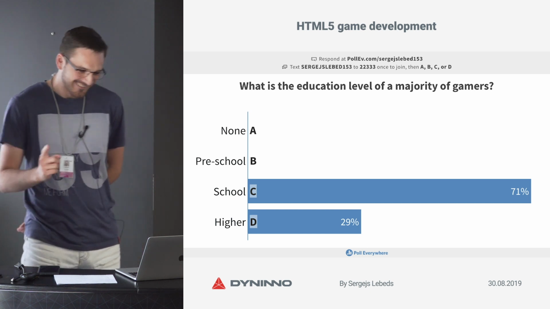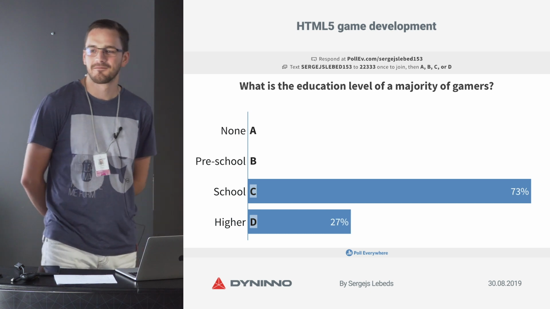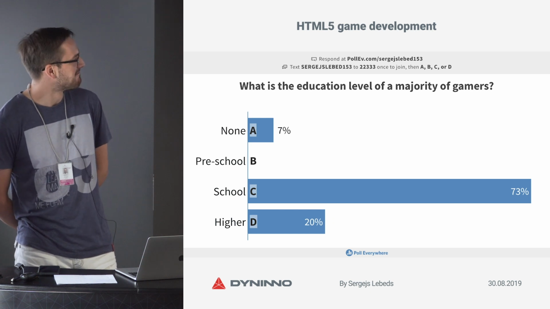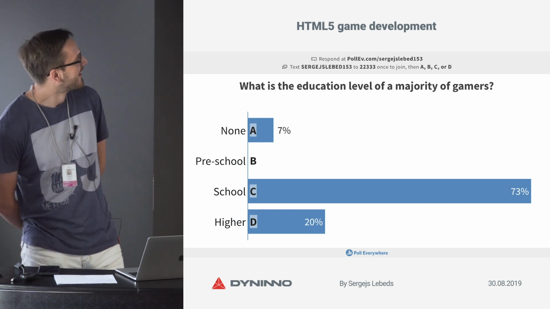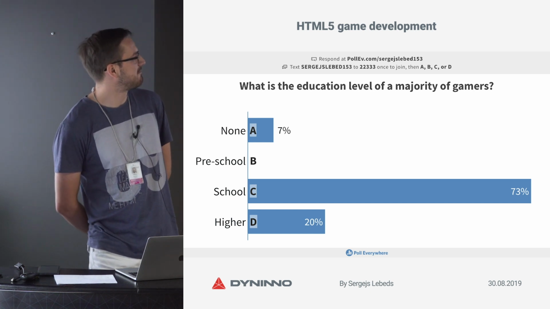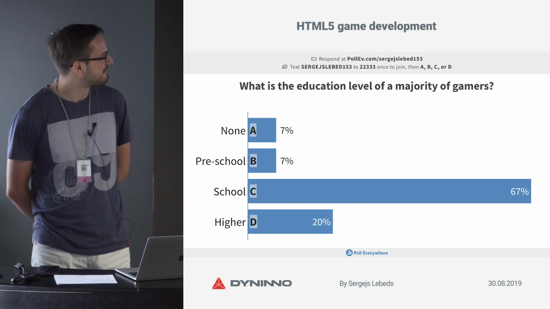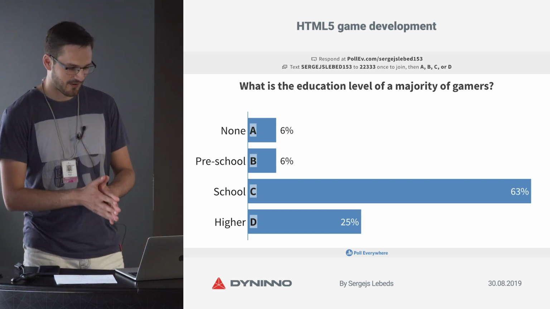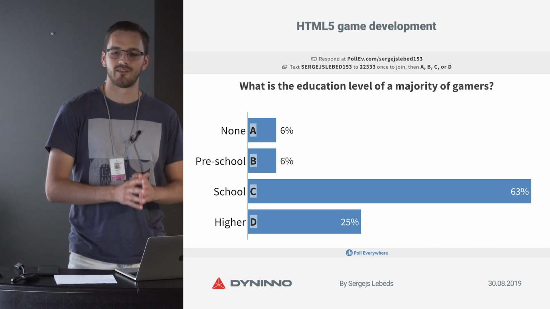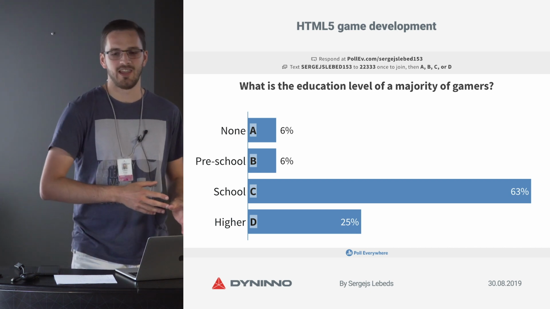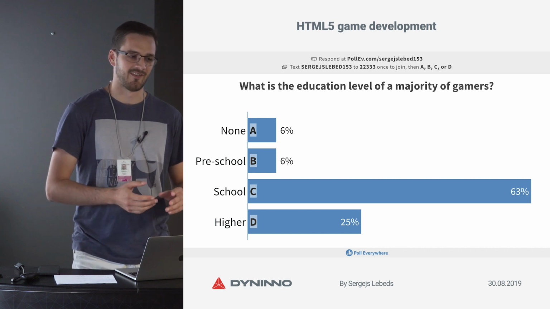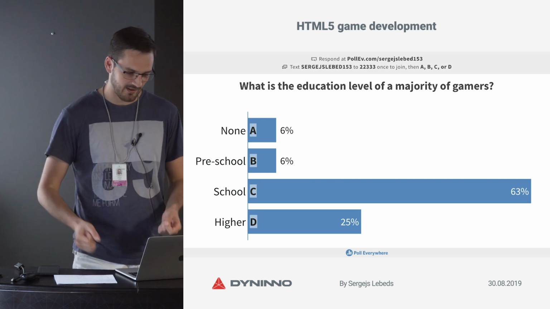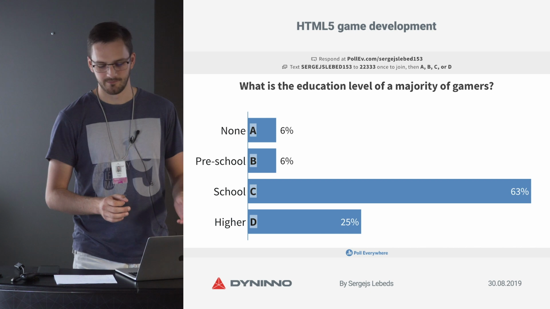I saw that. Why not? Absolutely. Okay, sure. Now, the majority of votes was that the age of the average player is either underage or 17 to 30, and the education is only at school level.